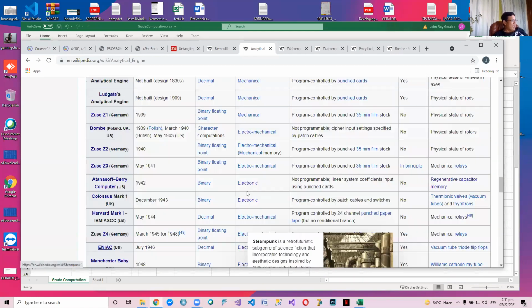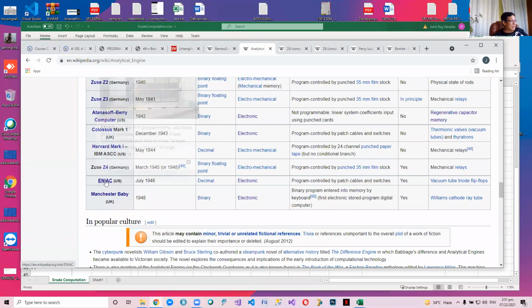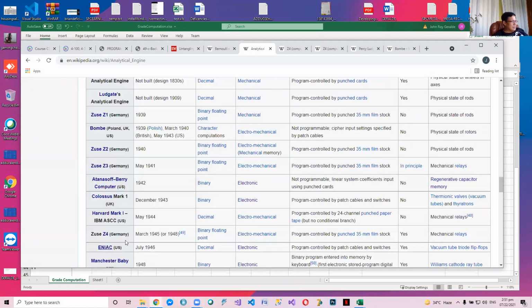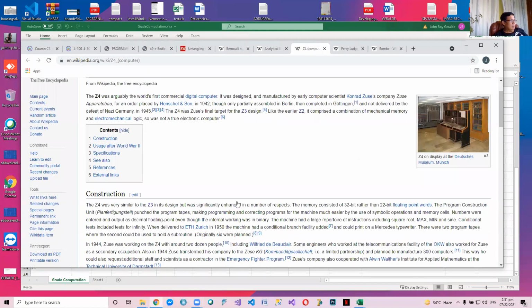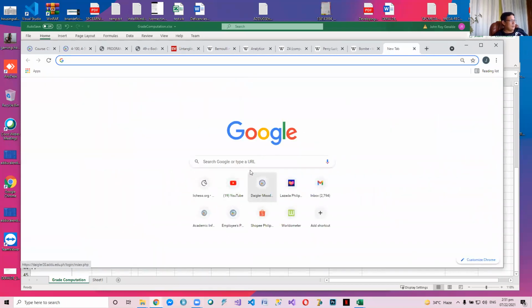So you see the history behind the analytical engine. Now next meeting we will look at ENIAC. It's good to look at Z4, but is there good documentation about Z4? Not much. There are not many programs. Do we have programs on the Z4?